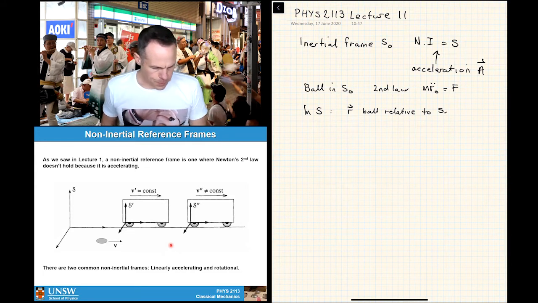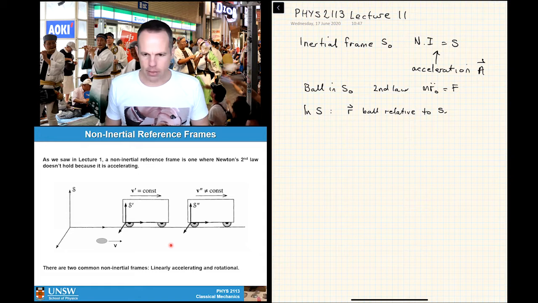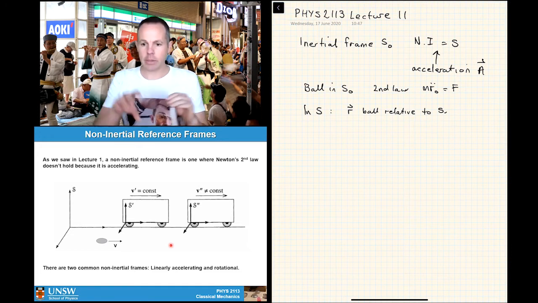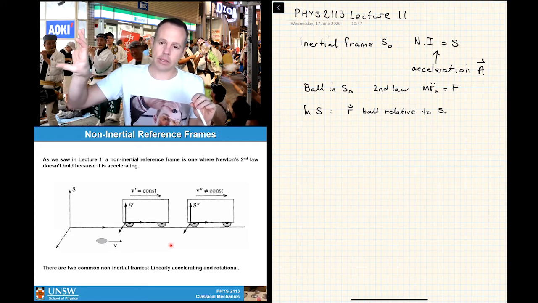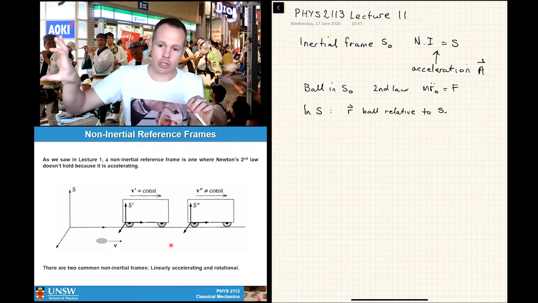Okay. Now, we can think about this because the non-inertial frame is moving, and it's going to have some instantaneous velocity, right? Because it's got an acceleration, which means that its velocity is changing as a function of time.